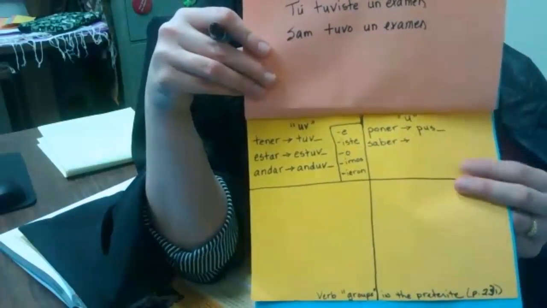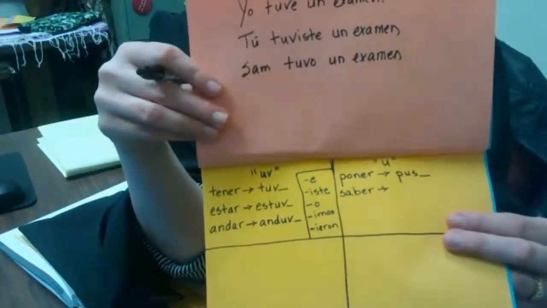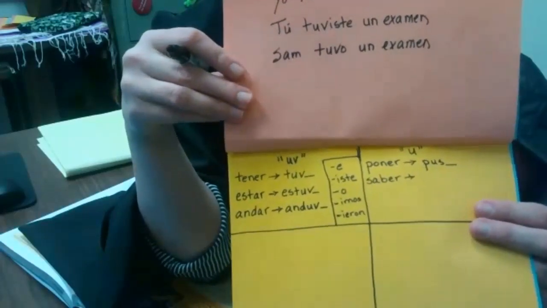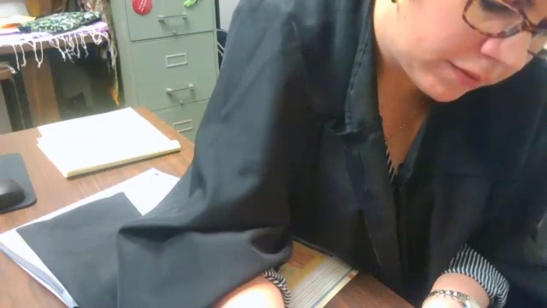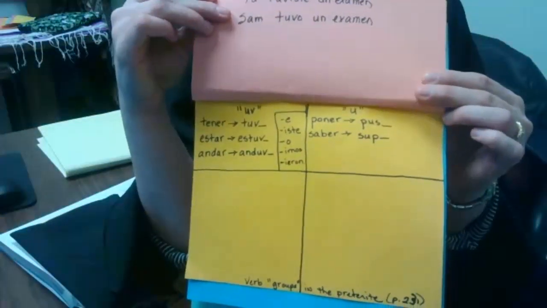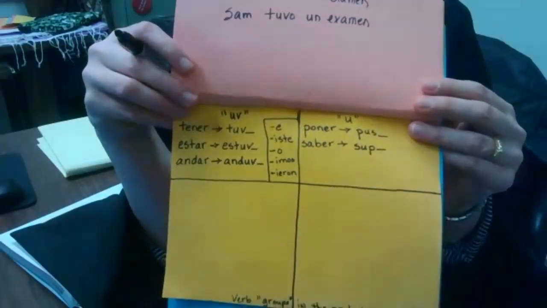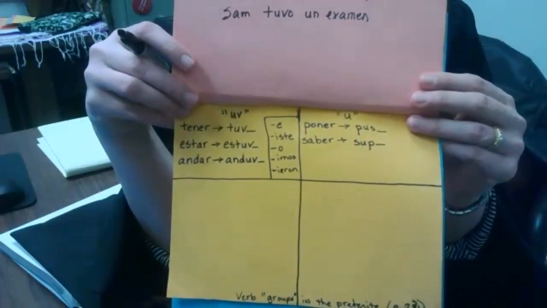But saber is the smart to know. Well, in the past tense, in the preterite tense, it gets a totally new stem, and it has a U in it. So it is sup. Sup is our new stem.